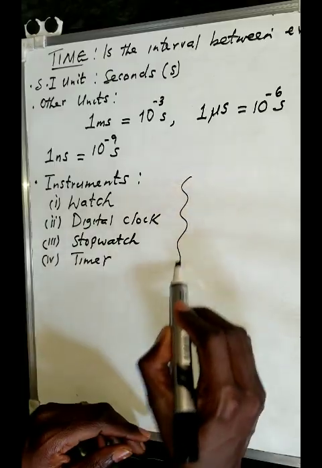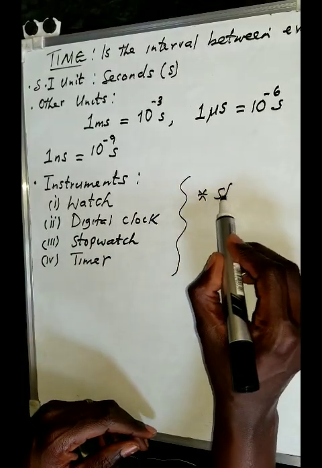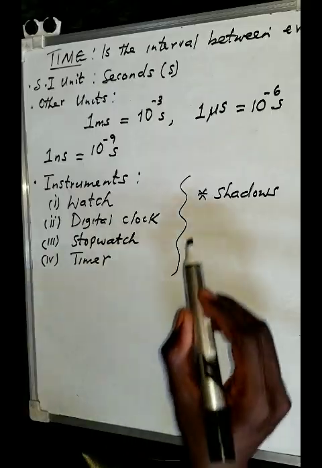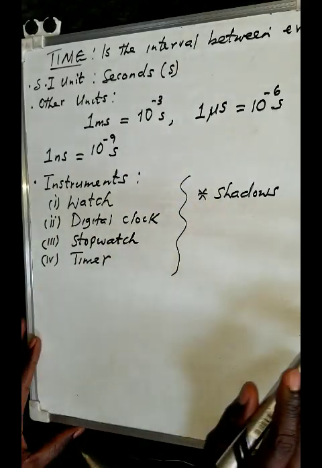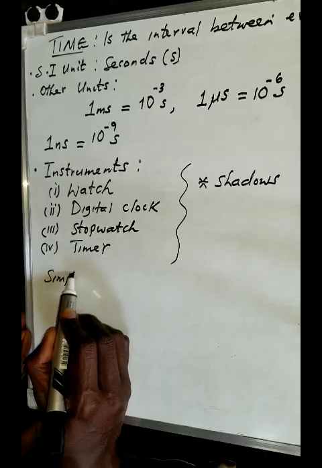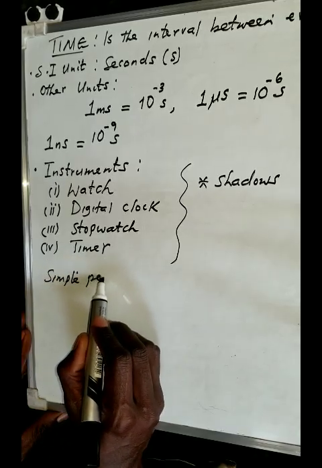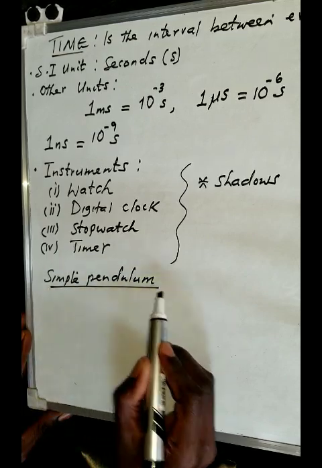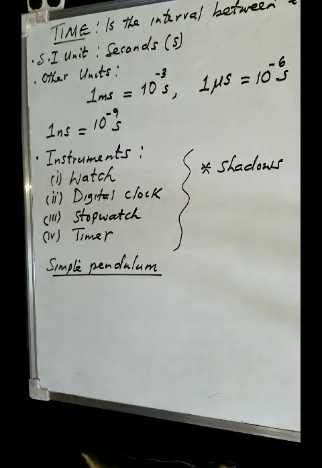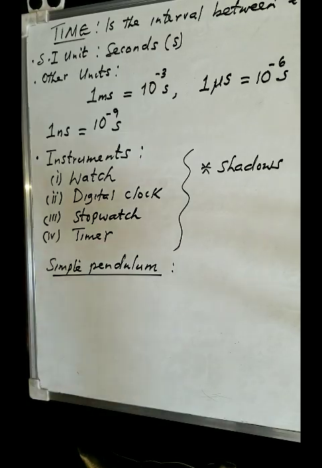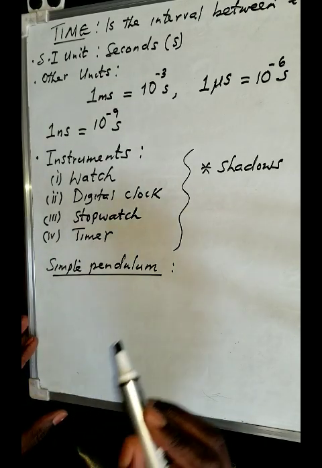If it's way back, people could also use the shadow in order to determine time. Sometimes we can also use a simple pendulum. And in my discussion for time, we are going to focus on a simple pendulum. Therefore, we can ask and say, what exactly is a simple pendulum?